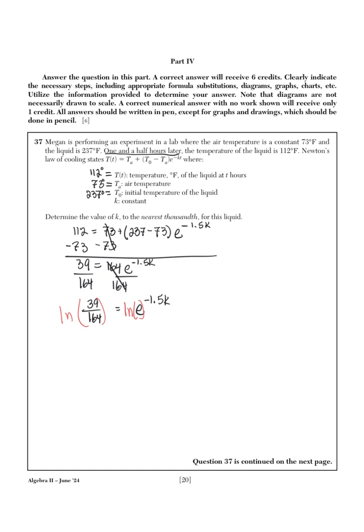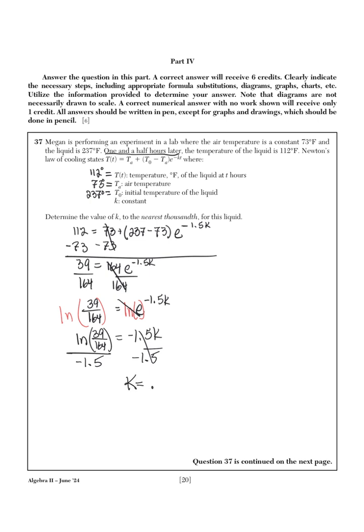So I ln both sides. Over here, I'm just going to leave this as the ln of 39 over 164 equals, remember that cancels out, a negative 1.5. And then I just divide by negative 1.5 and throw it in my calculator.